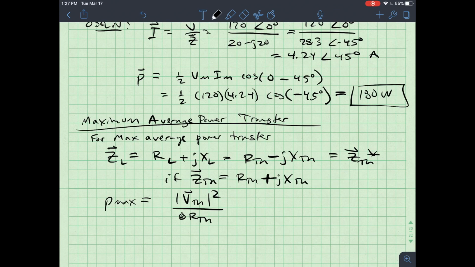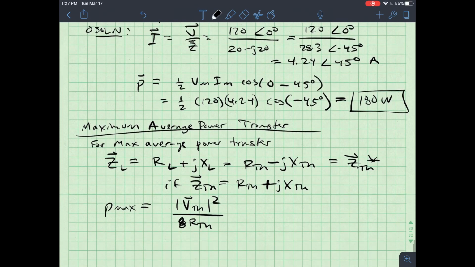Okay, so the maximum average power transfer can be found by placing the load impedance equal to the complex conjugate of Z Thevenin, and I can find the value of maximum power by taking the magnitude of V Thevenin squared over 8R Thevenin.